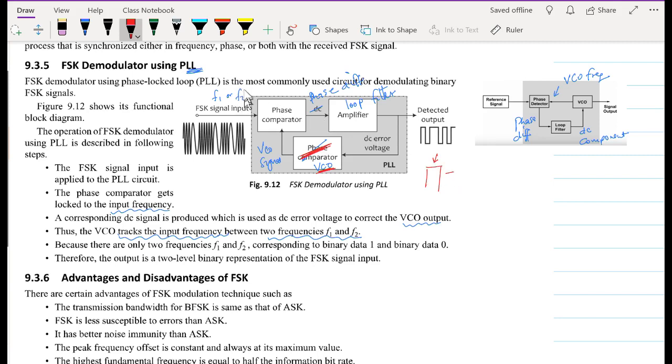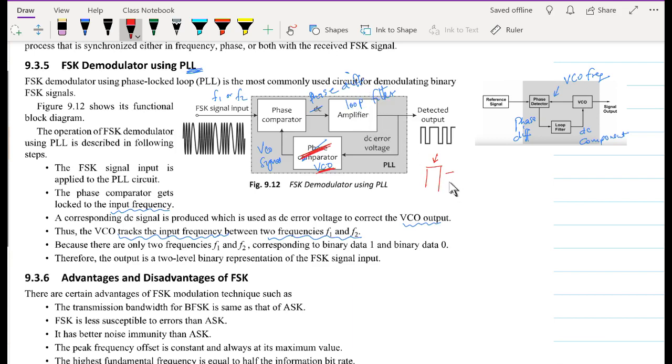And when F2 is detected, then the phase detector will notice the difference. The loop filter will try to tune the VCO, or the oscillator, towards adjusting to F2, and therefore there will be some voltage difference generated by the loop filter.